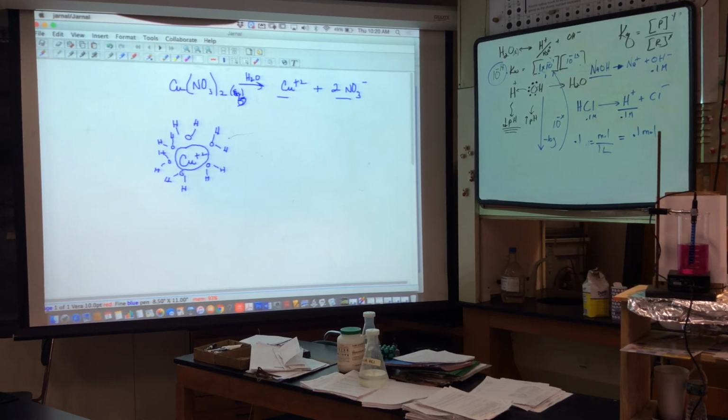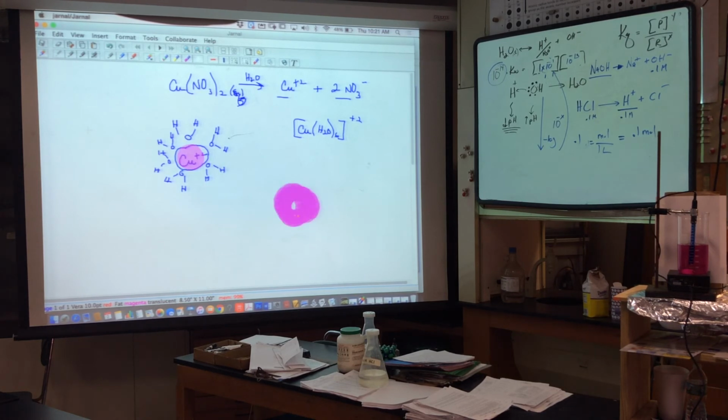Now, you notice we write this as copper with 6 water molecules, H2O, 6. We put a bracket around this because copper is still +2. This whole complex is +2. Now, why am I showing you this? Well, this is acidic. This +2 in the middle is doing something.